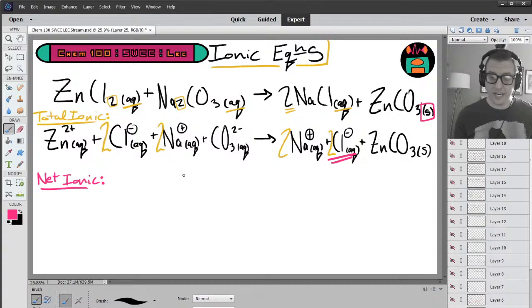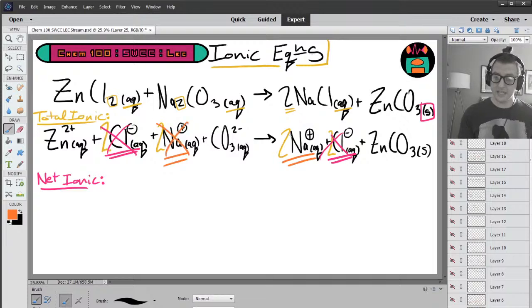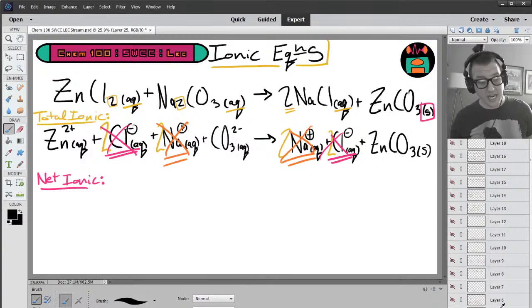The first spectator ion I see is chloride, right? We've got 2 on each side, so those will cancel. The next spectator ion I see is sodium. You'll notice that we have 2 on the reactant side and 2 on the product side. They cancel as well. Everything that's left, everything that doesn't cancel, is part of our net ionic equation.